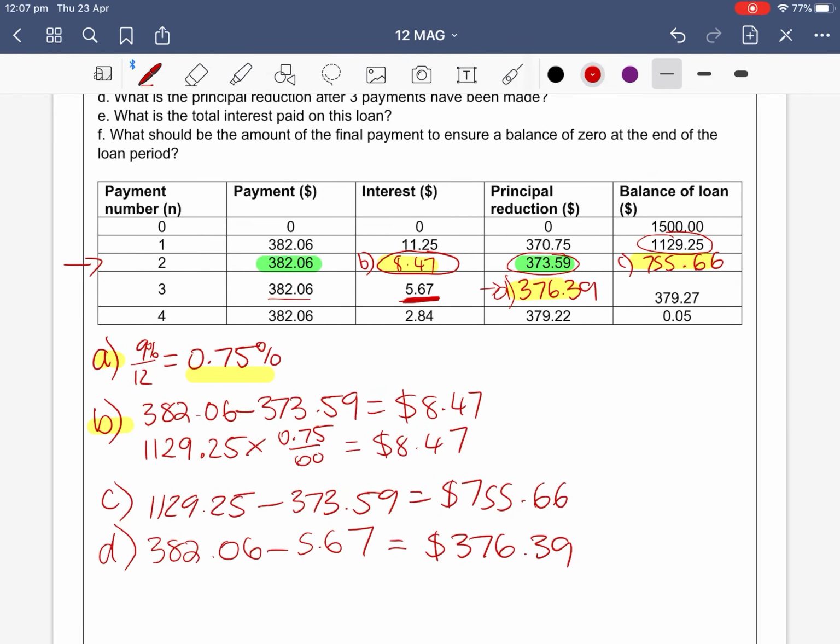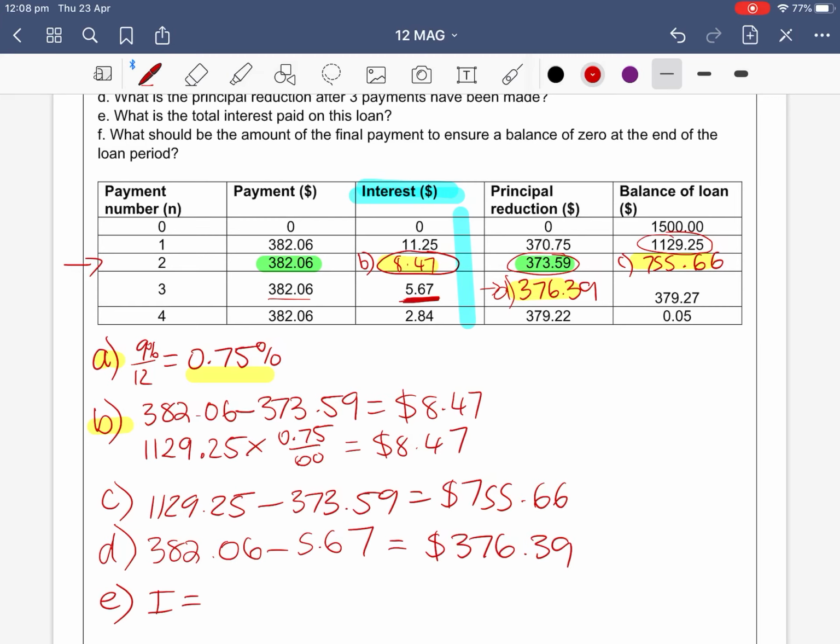E, almost there, guys. What is the total interest paid on this loan? What we're going to do in that case, and let me choose a different color highlighter, is we're just going to add up everything in this column here. Okay, so if we have a table, we need to use it.